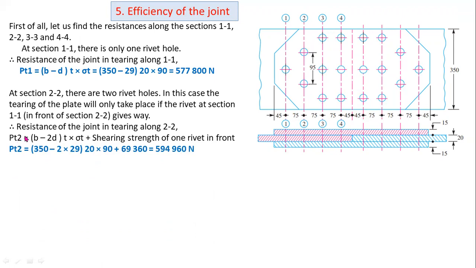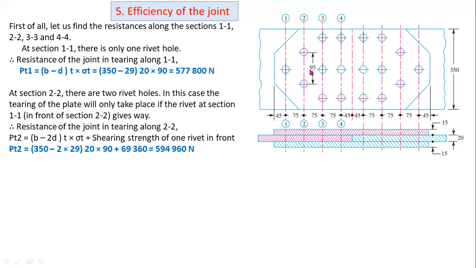PT2 is the tearing strength for the second row. At section 2-2, there are two rivets, so you have to consider 2 times the diameter of the rivet, 2d for two rivets: (B minus 2d) into t into sigma t, plus the shearing strength of one rivet.